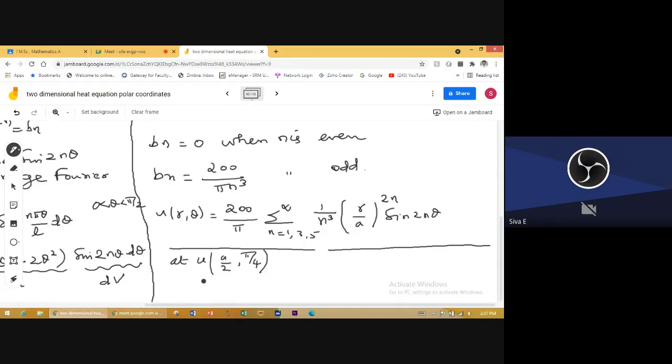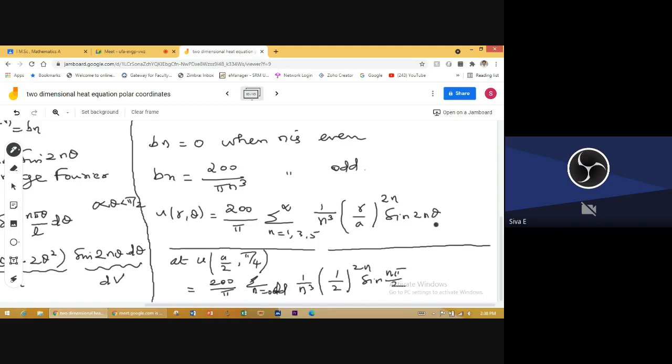So u of a by 2 comma pi by 4 is equal to 200 by pi, summation of n odd, 1 by n cube. r is a by 2, a also is there, so a cancels, 1 by 2 power 2n, when sin theta is pi by 4.